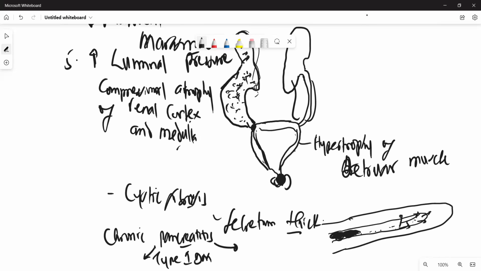And of course, if there's no pancreatic enzyme, they can develop malabsorption of fats, and ADEK vitamin deficiency, so they can be prone to osteoporosis, osteomalacia, and so on and so forth.